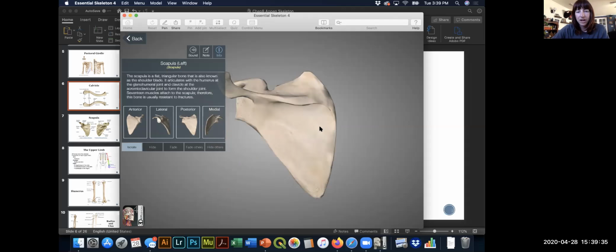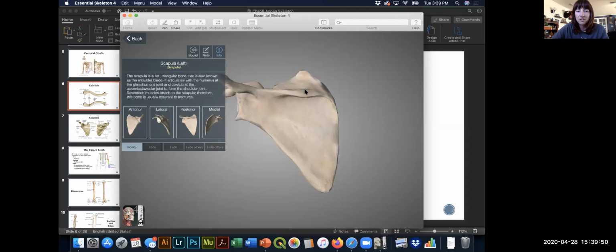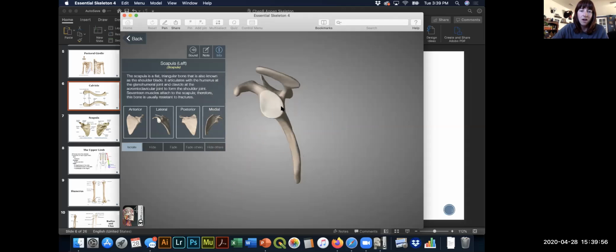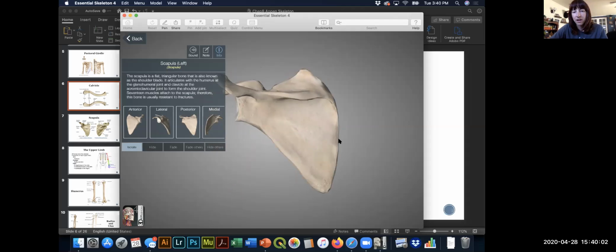And then over here you have the supraspinous, as in above the spine, fossa, and your infraspinous, or below the spine, fossa on the posterior side, okay? So this is the anterior side, this is the posterior side because it's got this spine here. This is the lateral side because you've got the socket to your shoulder joint over here, which makes this the medial side over here, okay?